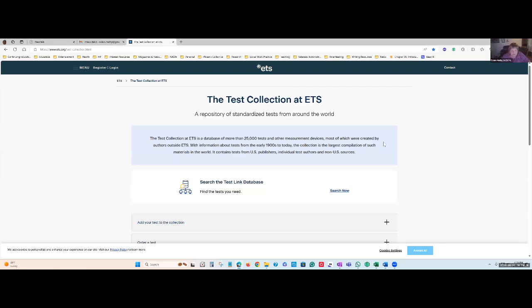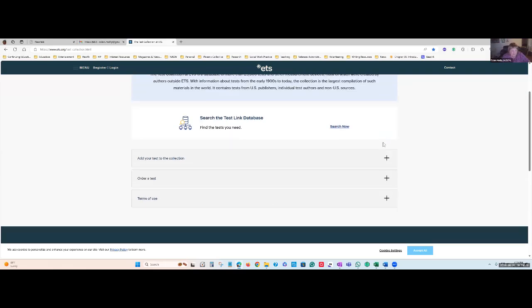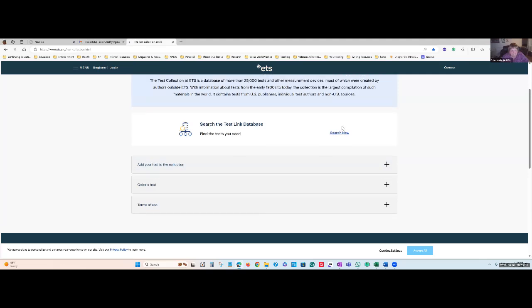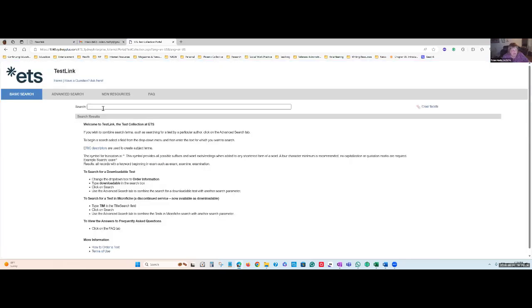And so it contains tests from the US and from elsewhere. This is also a site where, if you want, you can add your test to the collection, which of course means when you're searching for a test, you may not find one that's valid and reliable.